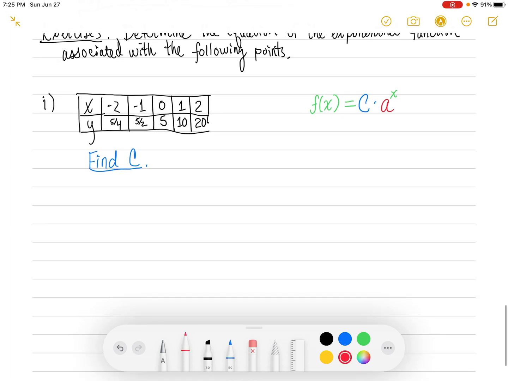You have to find the c, that's your first step, and after you find the c, then you have to find the a, the exponential base. The c is going to be the y-intercept. So the y-intercept is what you're trying to find here.